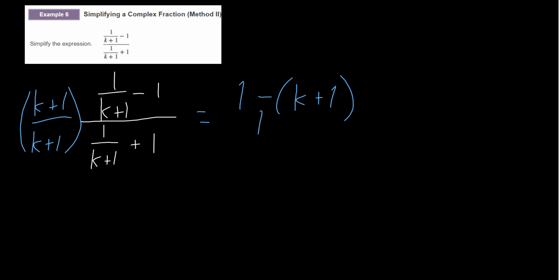Now again, you could just go ahead and write this as negative k minus 1, but I don't suggest that. I feel like writing it like this is more precise, and you don't lose track of negative signs, which, let me tell you, you will. I only say that because I do, all the time. Anyways, my denominator, I distribute here. The k plus 1s cancel, so I'll have a 1.